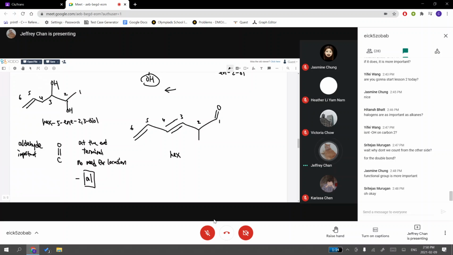So hex, 5-ene, 3-yne, and then -al. You don't need to say 1 because it's important and it's always terminal. So you have to start here. You can also, I know this works as well, right? So there's the 2-methyl here, and that's it.